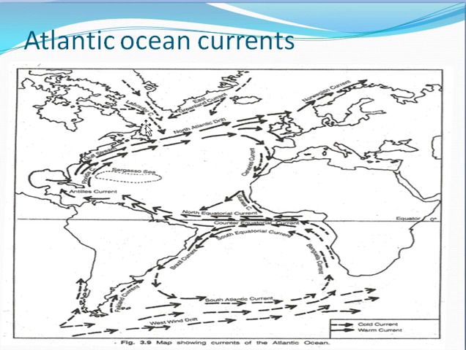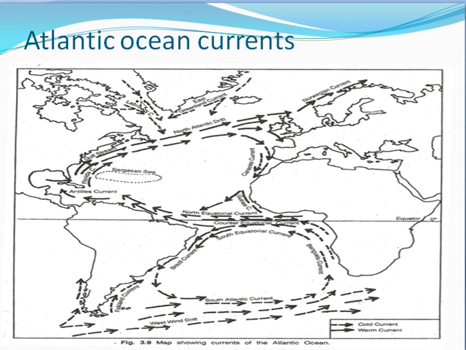So let's move to another cold current here, Labrador Current. The origin of Labrador Current is Baffin Bay or Davis Strait. So from here it moves southward and joins Gulf Stream near Newfoundland. So it also brings icebergs.